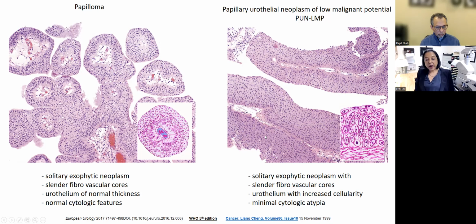Whereas in a papillary urothelial neoplasia, which also tends to be usually a solitary and exophytic lesion, they have a hyperplastic lining as shown here. And there's just a diffuse increase in the number of nuclei, but the nuclei still tend to orient perpendicular to the basement membrane and have a slight roundness to them compared to normal urothelium.